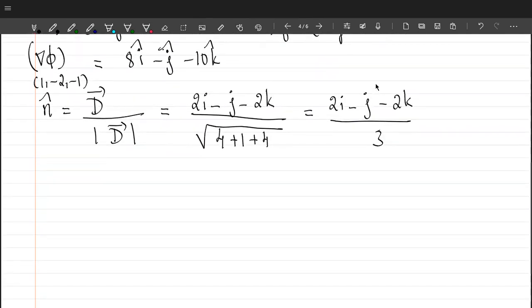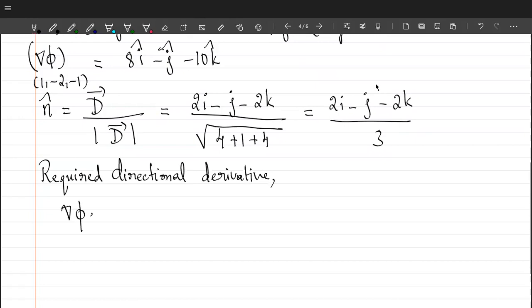Now let's calculate the value of directional derivative. Therefore the required directional derivative is, in some textbooks they have even written directional dd. dd denotes directional derivative. So required directional derivative is equal to del phi dot product with n cap. Del phi at the given point is already calculated.